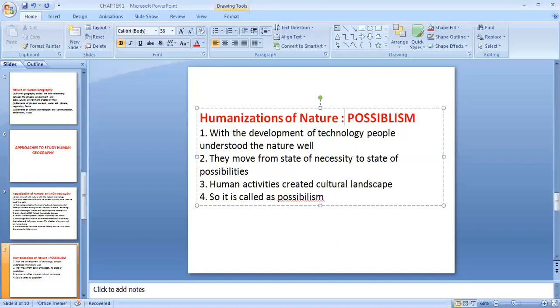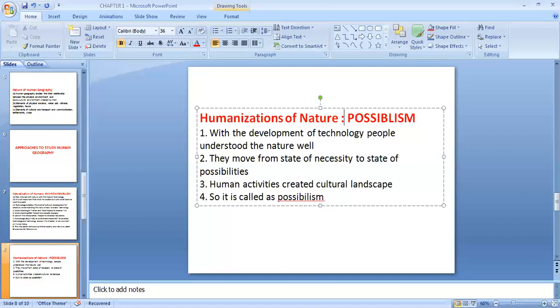By the development of technology, people understood the nature. What is nature? We understood better. And after understanding that nature, we are trying to change it. And then, before, if you see nature dominating human, why was it there? Because people had the necessity.